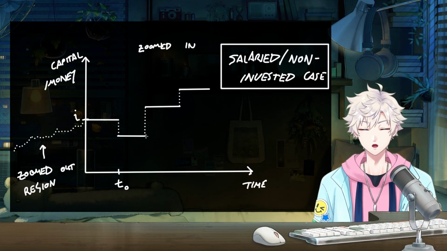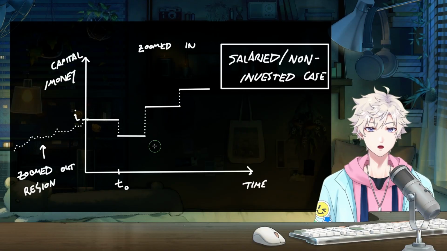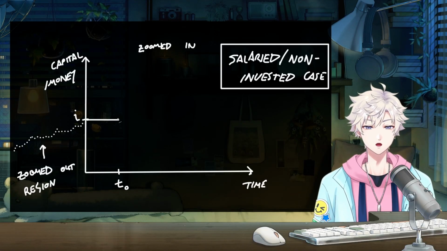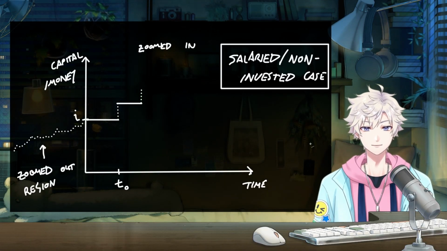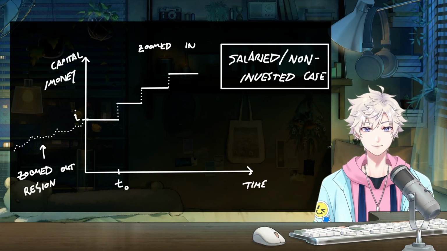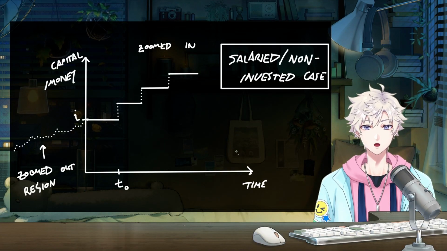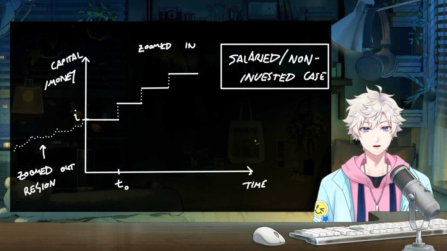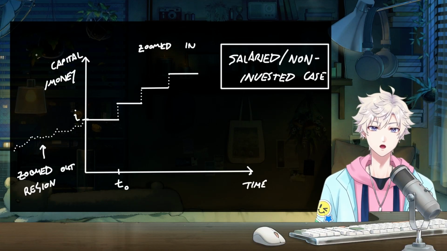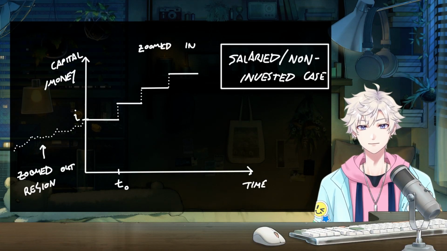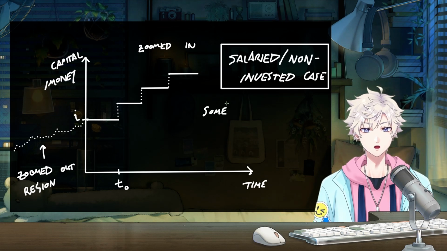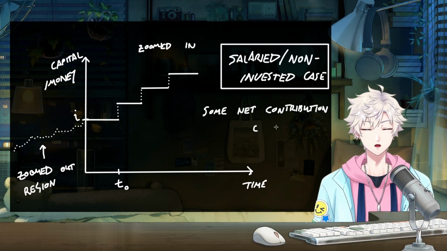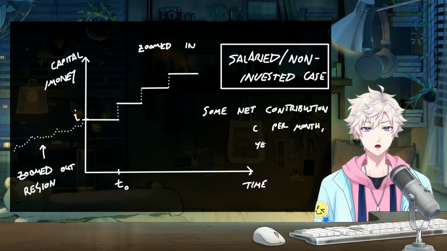Now, this is not super interesting in and of itself, but it's going to connect to a broader point. So the first thing to mention is, let's say there's some sort of net contribution per month or per quarter. So there's not any sort of deficit. There's recurring contributions. This is a pretty common situation for people who are salaried or working. You have some sort of net contribution that's recurring every month whenever you get paid, or every 2 weeks, or whatever the period is.